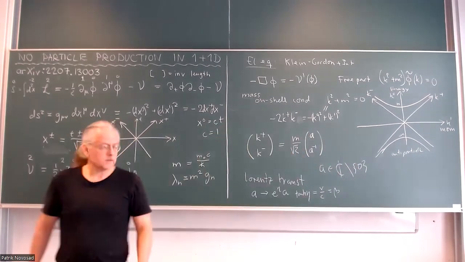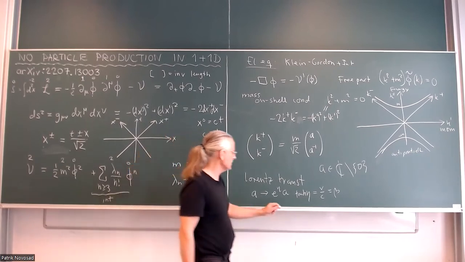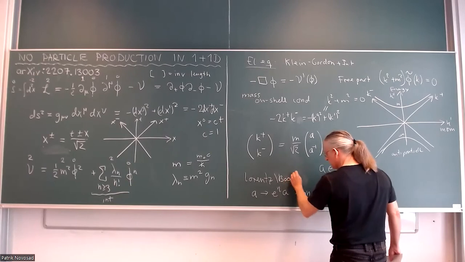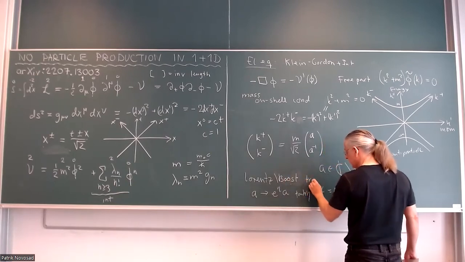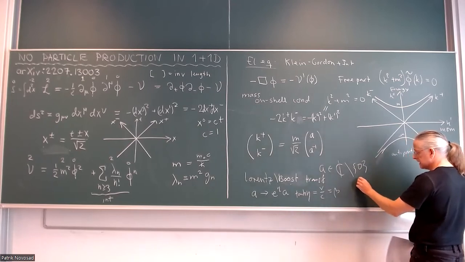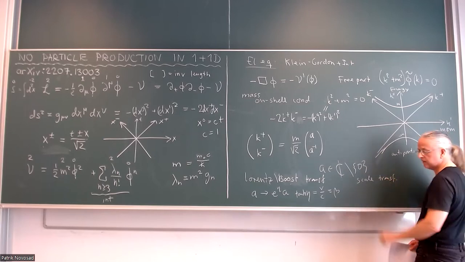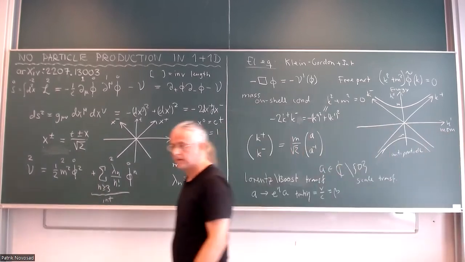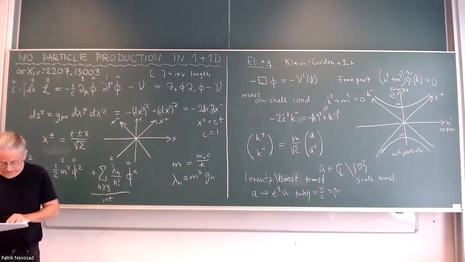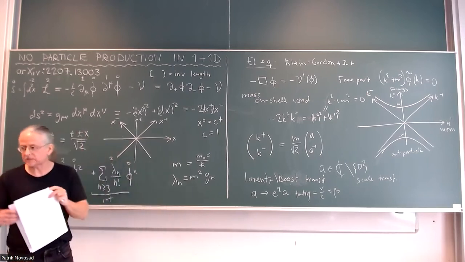So we see that a Lorentz transformation, which is the same as a boost transformation, is the same as a scale transformation in light cone coordinates. So that's quite simple. Okay, so this was more or less the classical aspects.